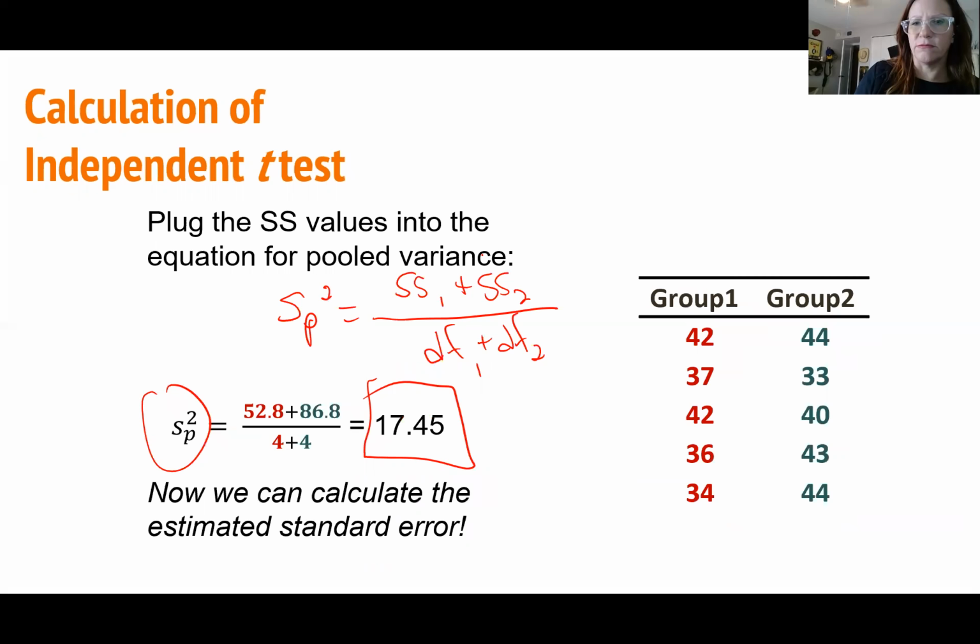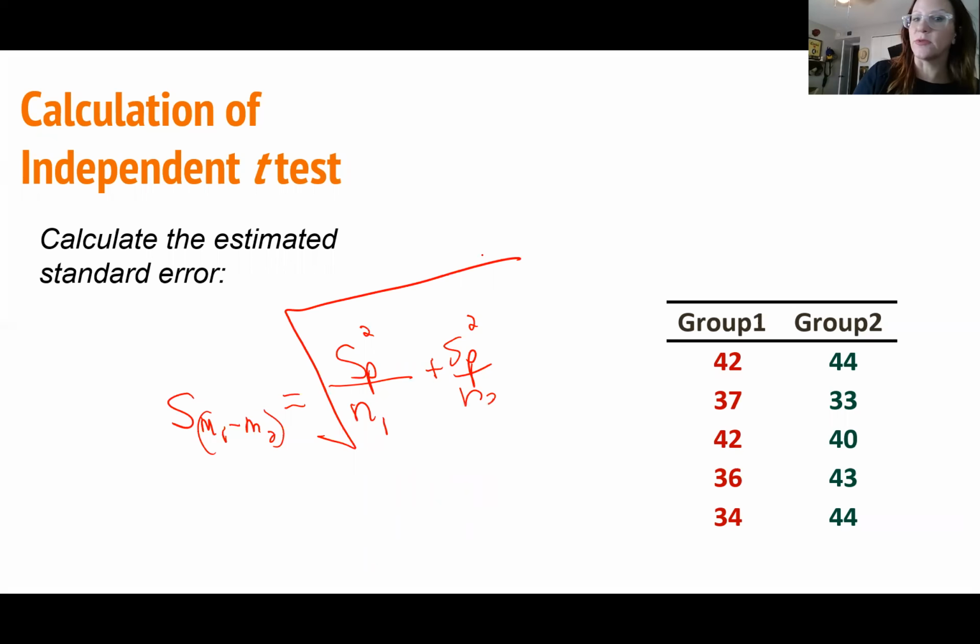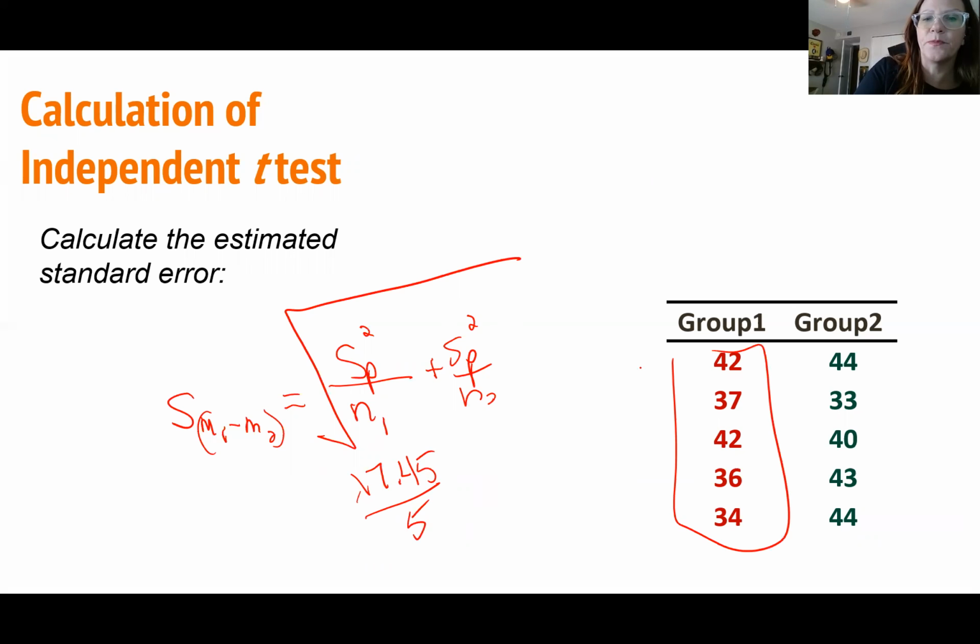So if you look, 17.45, it was equal sample sizes, so it ends up being 17.45 divided by 5, because there's 5 in group 1, plus 17.45 divided by 5, all under the square root.